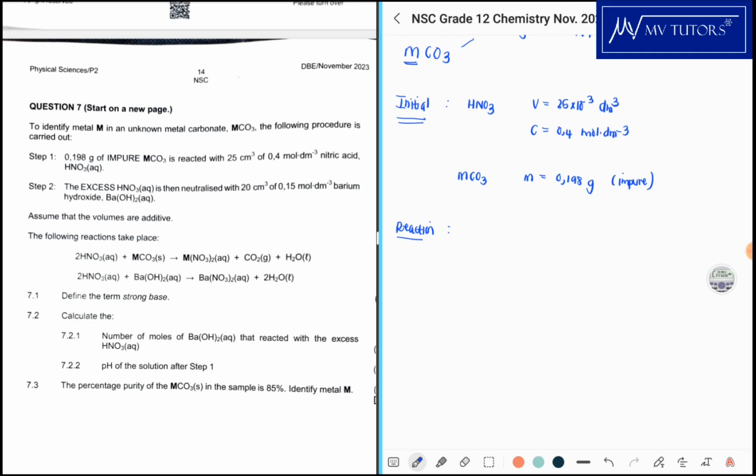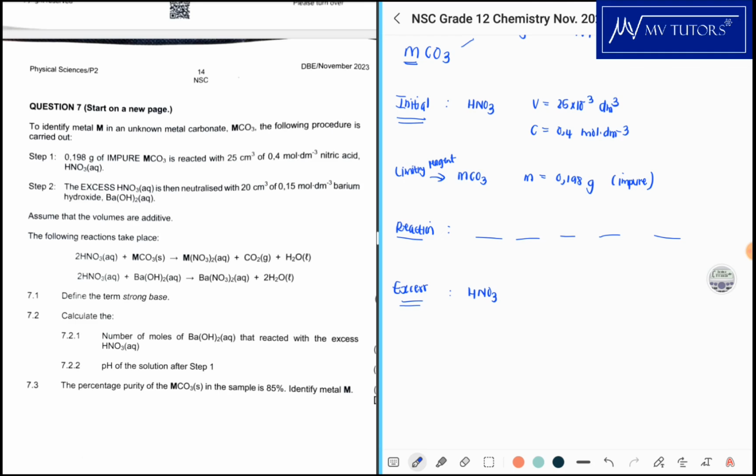Then you have excess nitric acid. So it was in excess, meaning that this metal carbonate is our limiting reagent. Okay, so the reaction happened, and then when you have the excess, some of the nitric acid was remaining. So we have some information there.